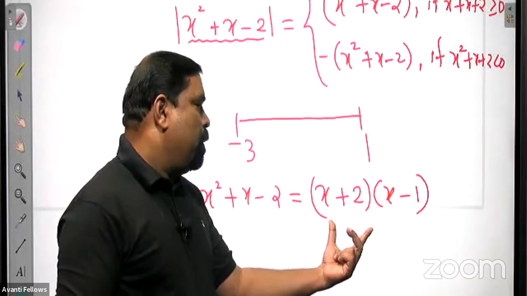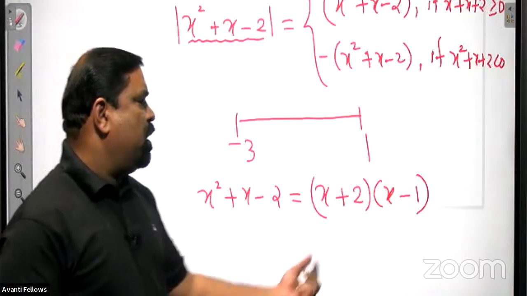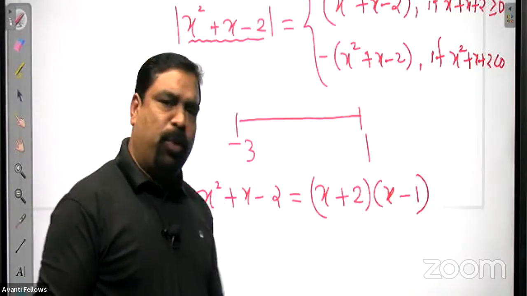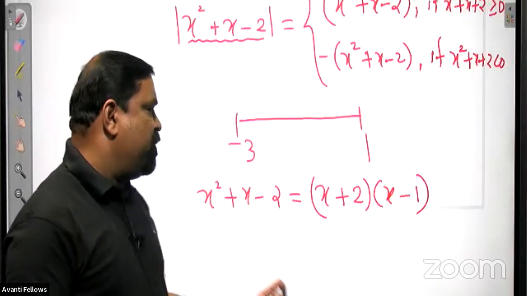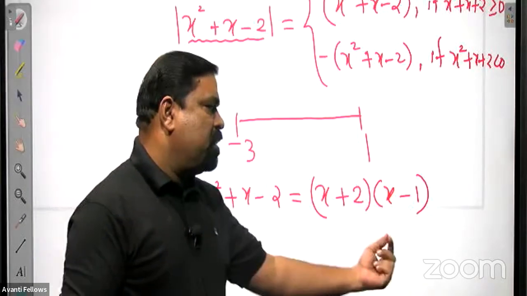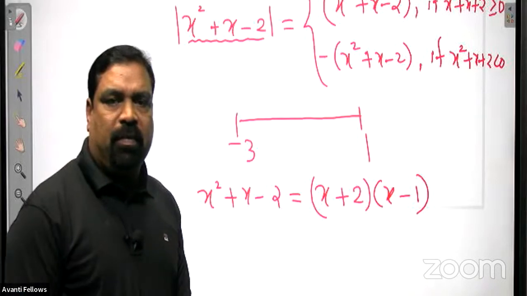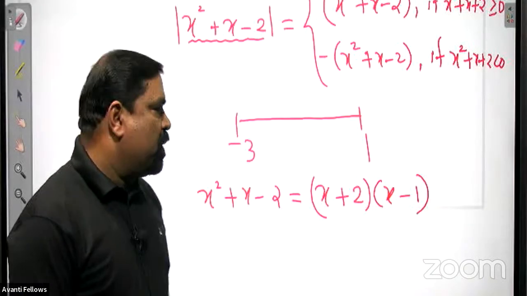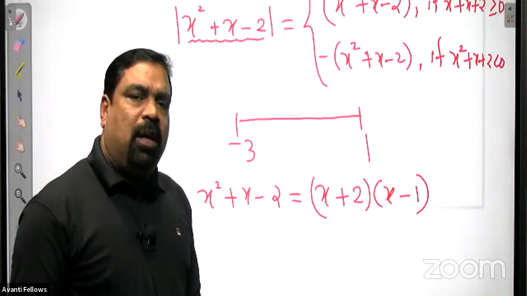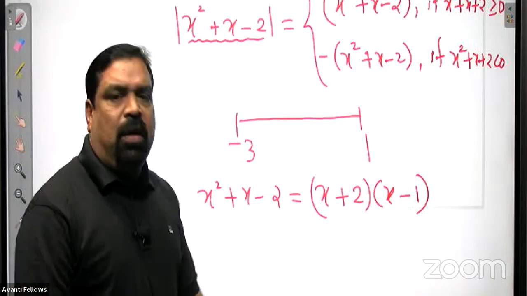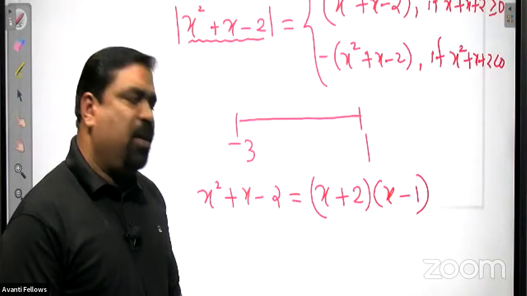This expression is positive whenever x plus 2 into x minus 1 is positive, and negative whenever x plus 2 into x minus 1 is negative. Now we have to see in which interval it is positive and in which it is negative.